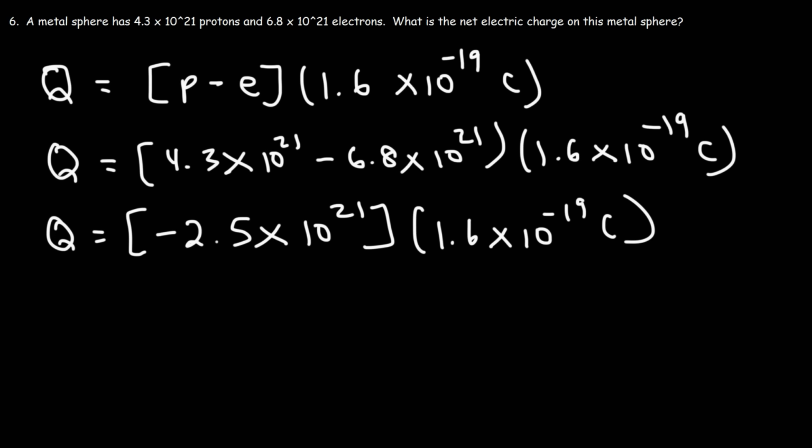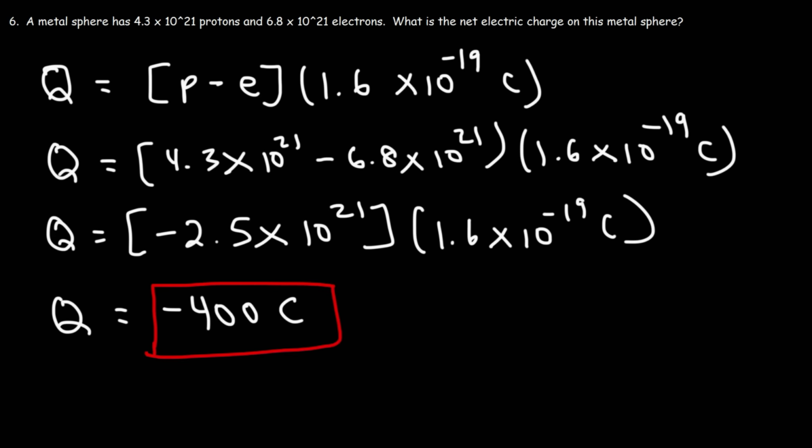So negative 2.5 times 10 to the 21 times 1.6 times 10 to the negative 19. This is equal to negative 400 coulombs. So that is the net electric charge on this particular metal sphere.